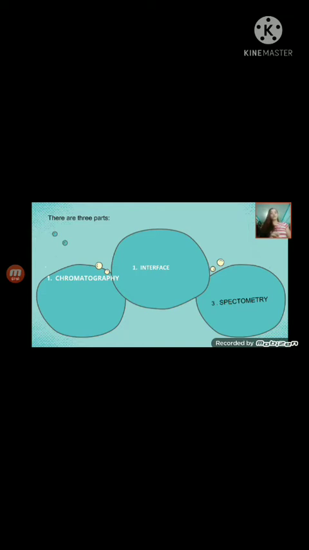The purpose of this is to analyze any drugs, to confirm the identity of the drugs, also to know the names of the drugs, and provide the quantitative result, and also monitor the progress of the therapy of a disease.